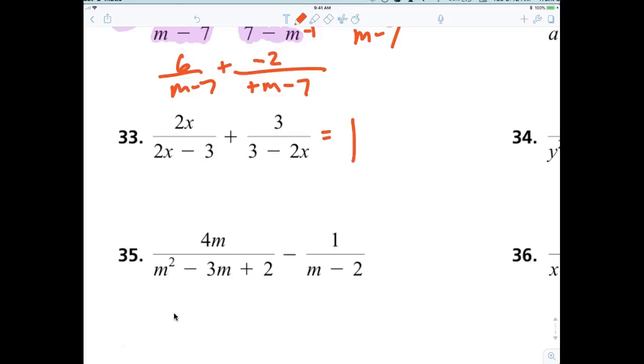All right. The 3 minus 2x in the second fraction, I need to rearrange. So I want to write it as 2x minus 3. If I write it, I have to put a negative up in the top. That's all there is. You hear me?